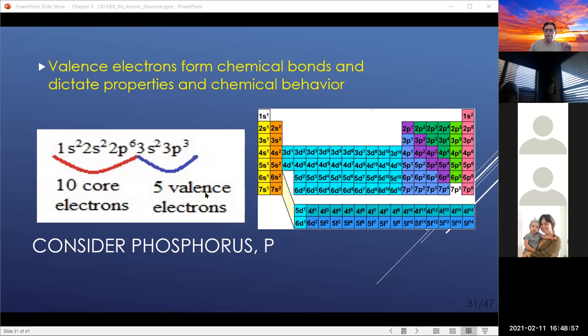What do you think? Remember the cardinal rule about gaining and losing electrons, depending on whether you are a metal or non-metal? What did I say about the non-metals? Would they lose or gain electrons? Gain electrons. You got it.